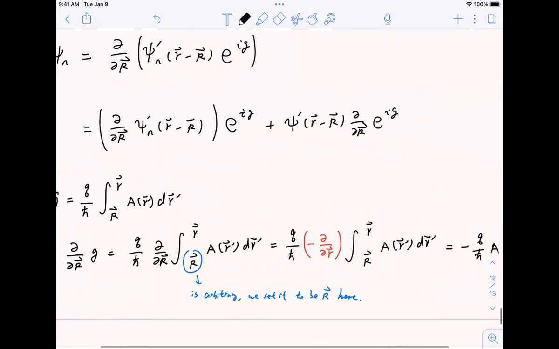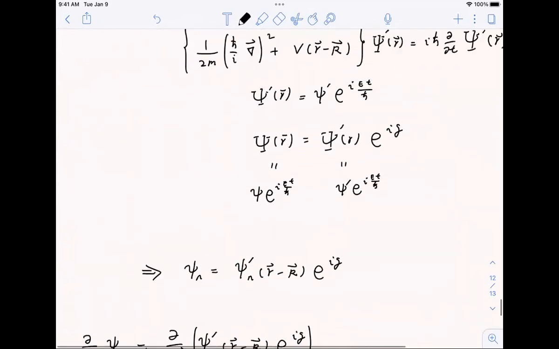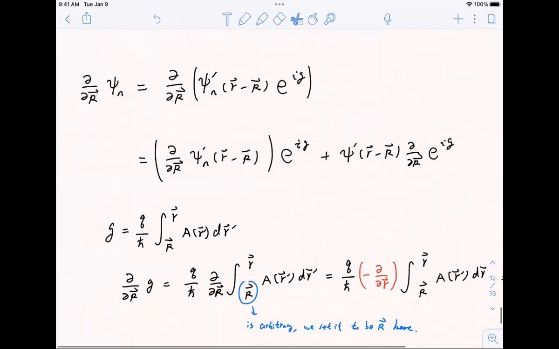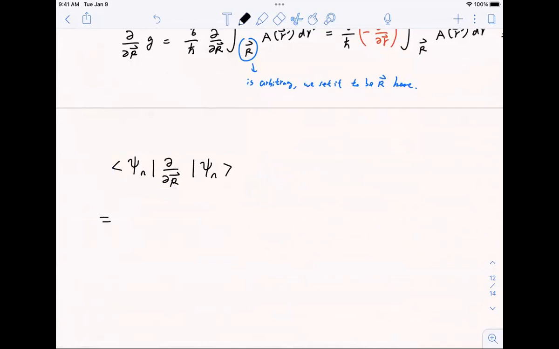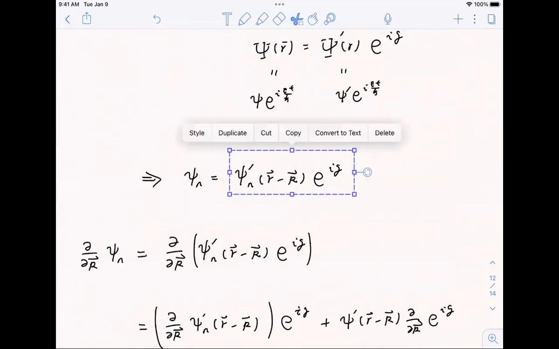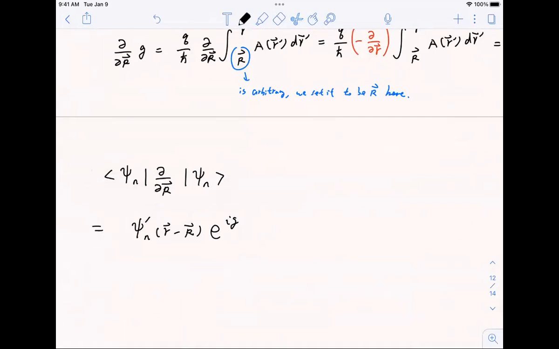Okay, we're done with the first part. And then we're going to deal with the second part. We're going to take this one and copy it. So you copy this, and then you make a derivative, a complex conjugate.